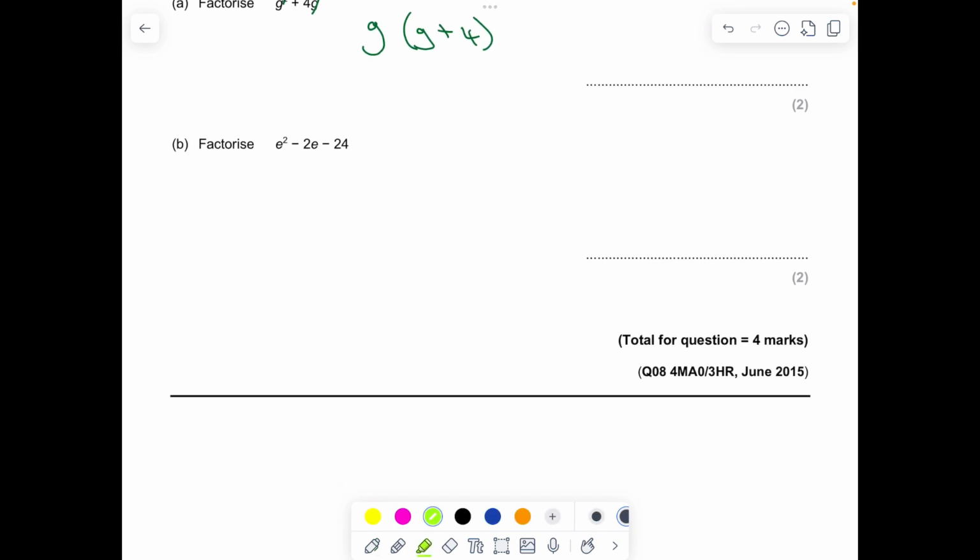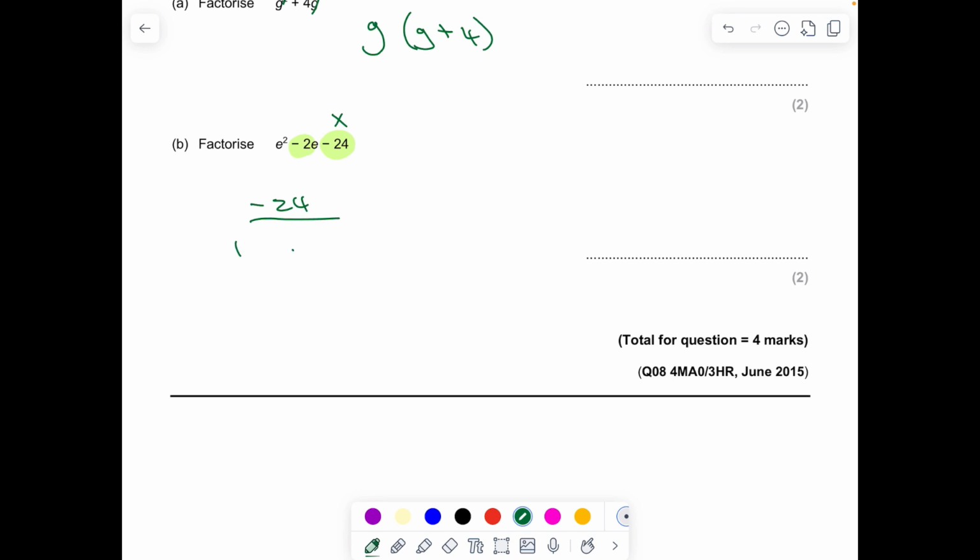Okay, now we want to factorise, so we're looking for 2 numbers that multiply to make minus 24 and add to make minus 2. And if you want, you could go through all the numbers that multiply to make minus 24 if you can't think of one straight away.